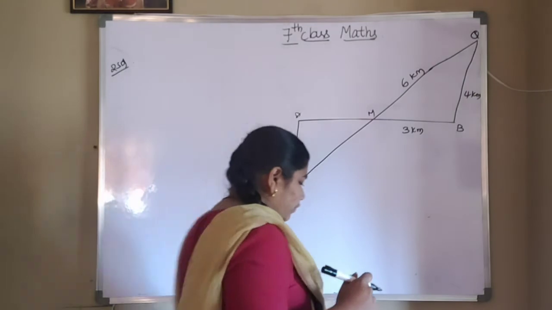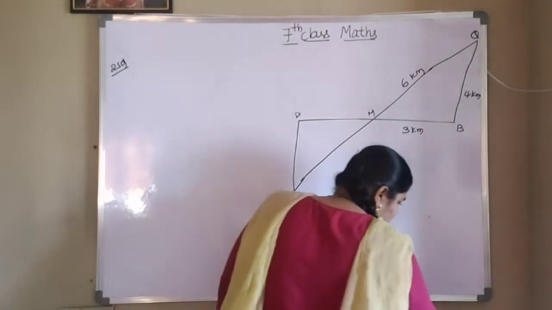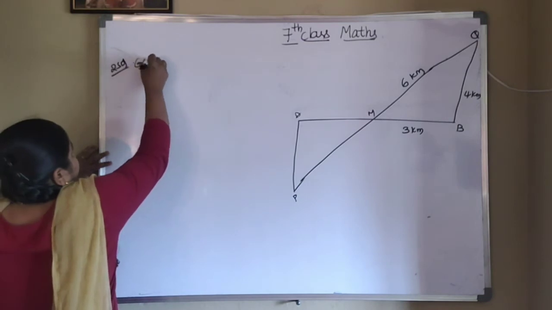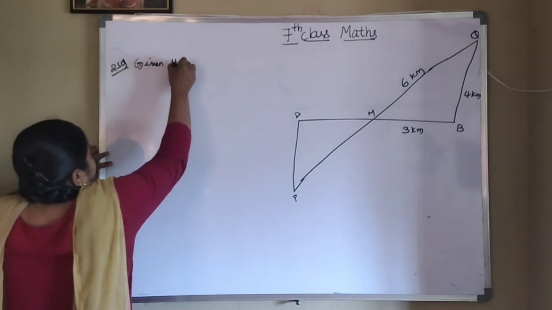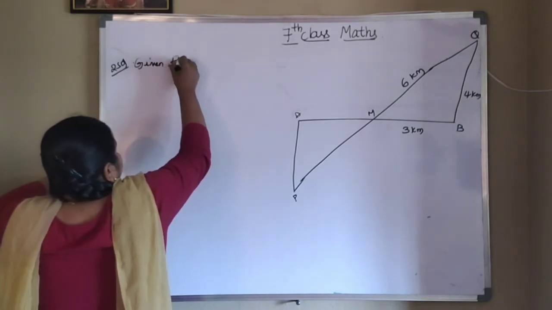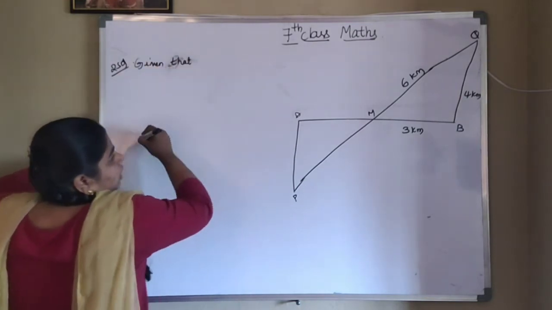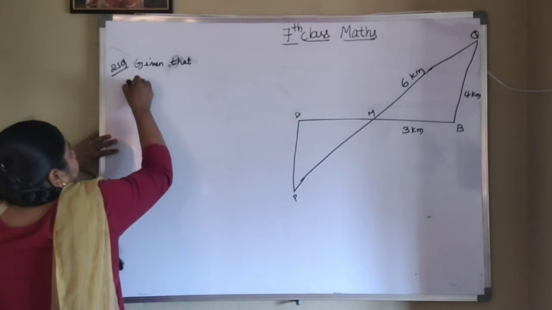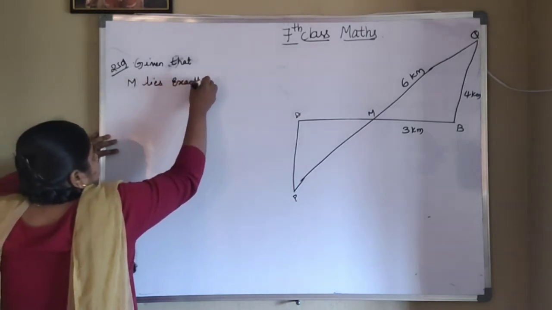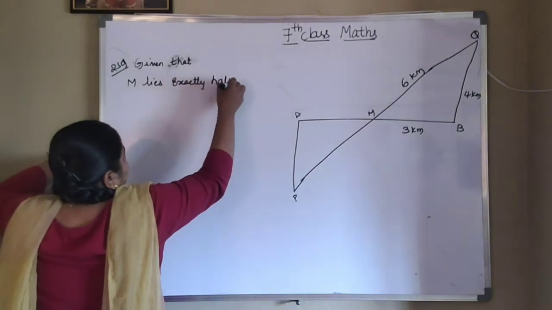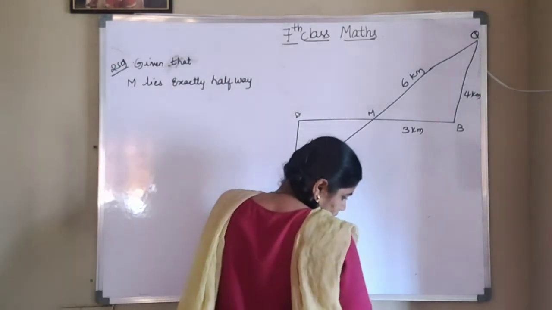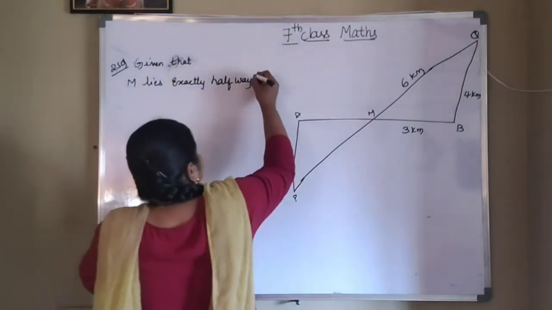So here what will you write first? Given that M lies exactly halfway between two pairs of villages.